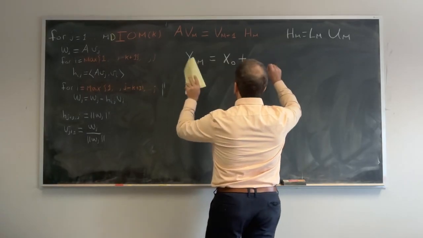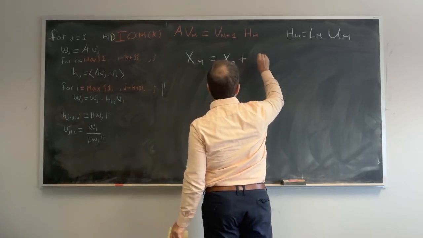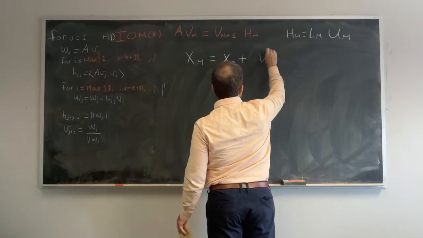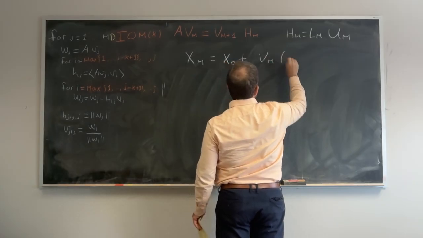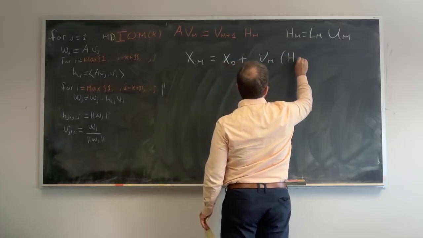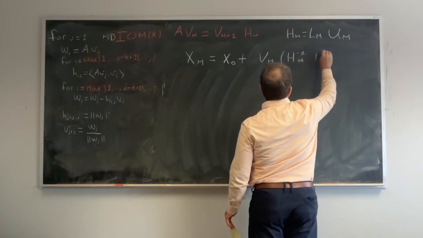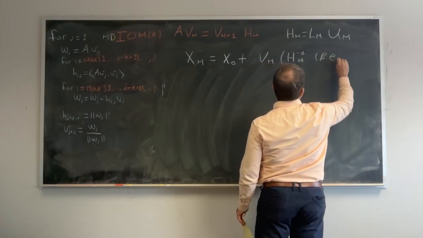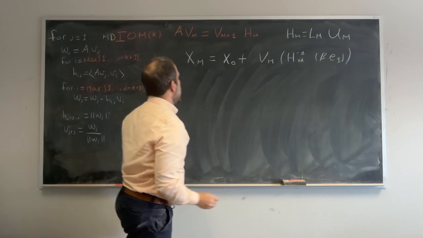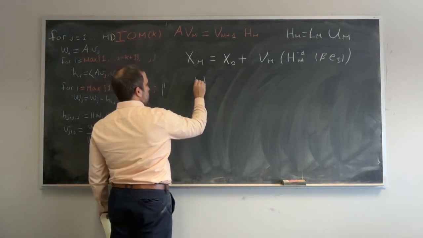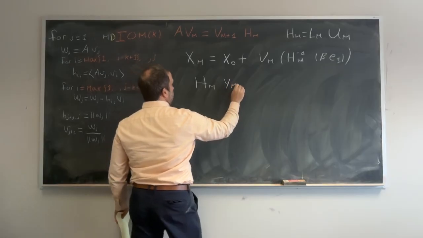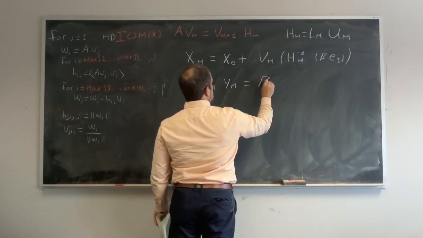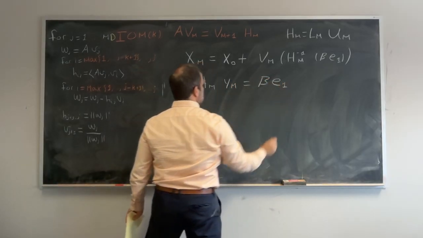We're looking at doing x_m = x_0 + V_m y_m, and y_m is equal to H_m inverse times beta e1. In other words, y_m here is the solution to H_m y_m = beta e1.